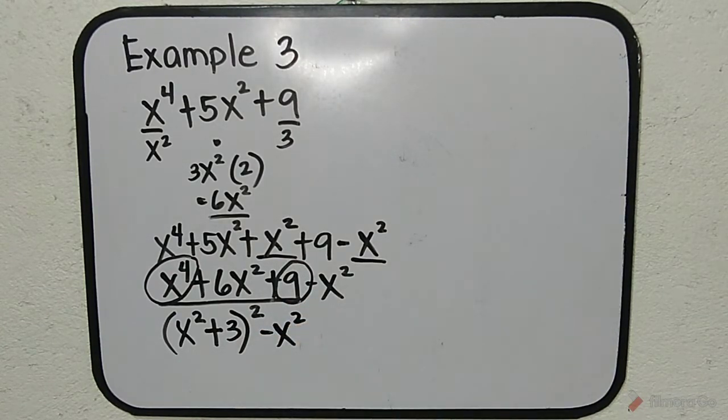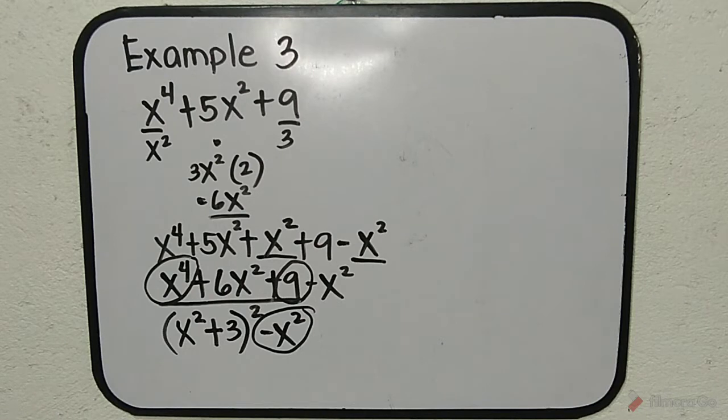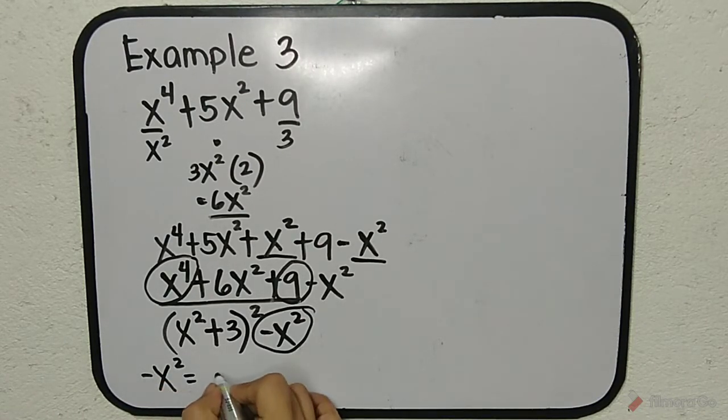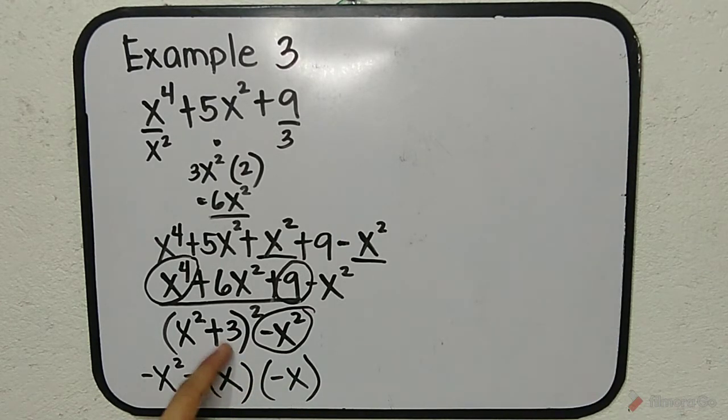Next, anong sunod natin gagawin? Kunin natin yung factor ng ating negative x squared. So, negative x squared ay x and negative x. Okay? So, itong dalawang ito, isasama ulit natin dito. So, kokopihin ulit natin to.